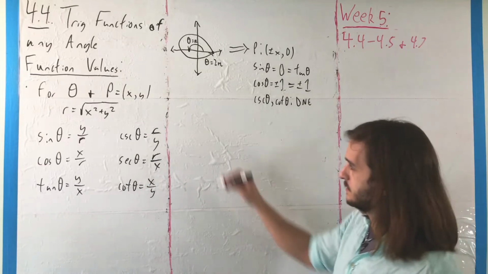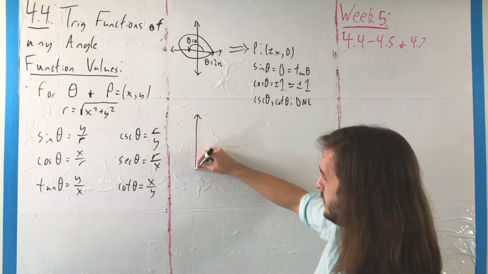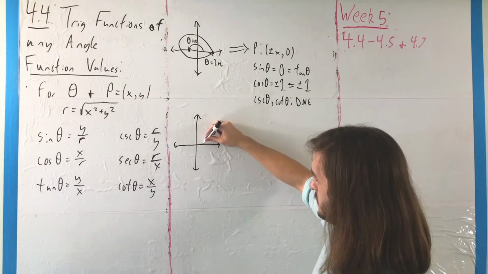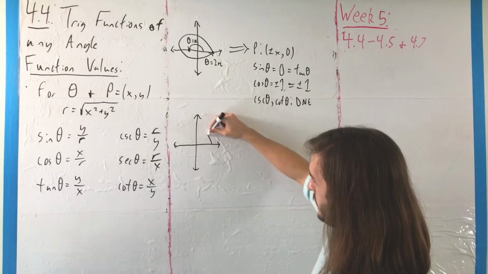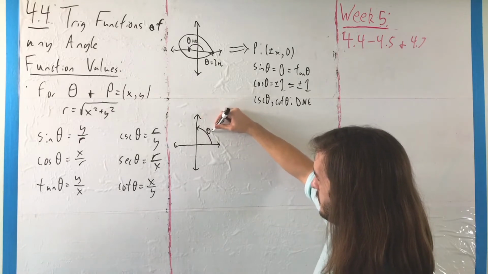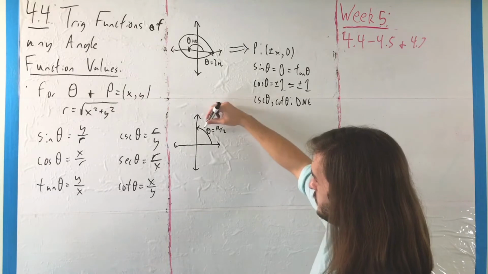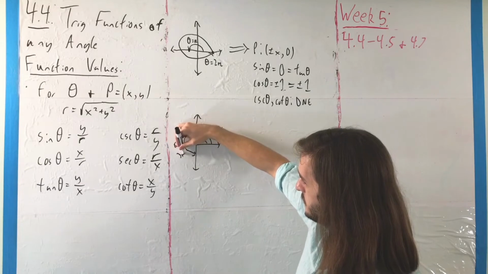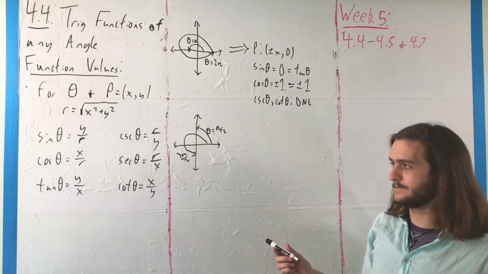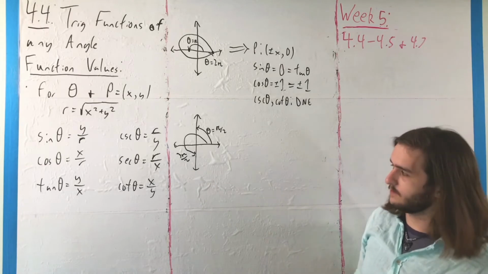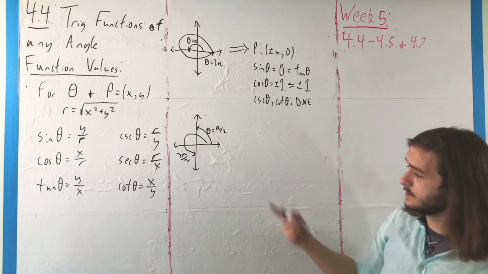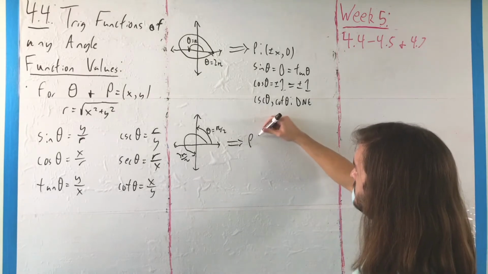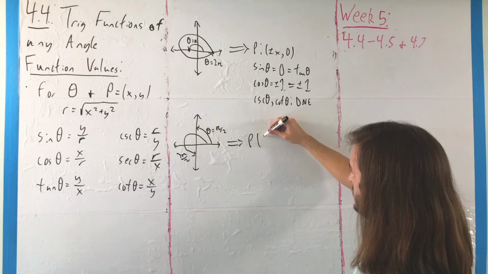Similarly, if we talk about angles that land us along the y-axis, so things like pi over 2 or 3 pi over 2 or 5 pi over 2 or 7 pi over 2 or 9 pi over 2, things of that nature, our point will instead be of form 0, plus or minus y.